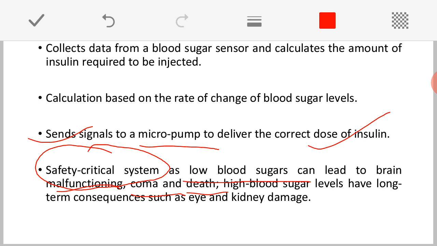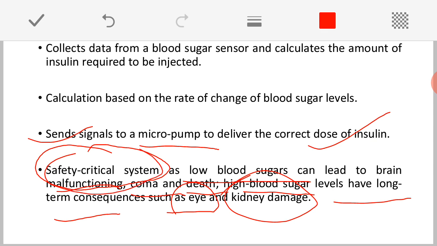Especially low blood sugar is very dangerous, and at the same time a high blood sugar level also has what? Long term consequences, such as problems with the eyes and what, kidney damage. So, that is why the correct working of this device is very essential here. That is the reason this system is called a safety critical system.